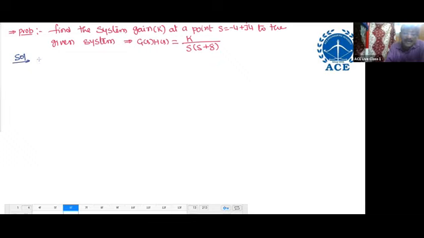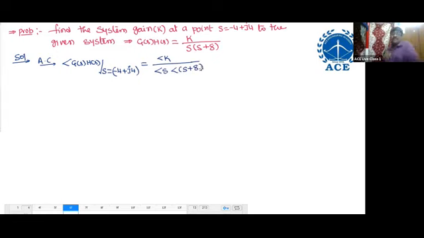So where do you want the angle condition? G(s)H(s) at s equal to minus 4 plus j4 equals angle of K by angle of s, angle of (s plus 8).